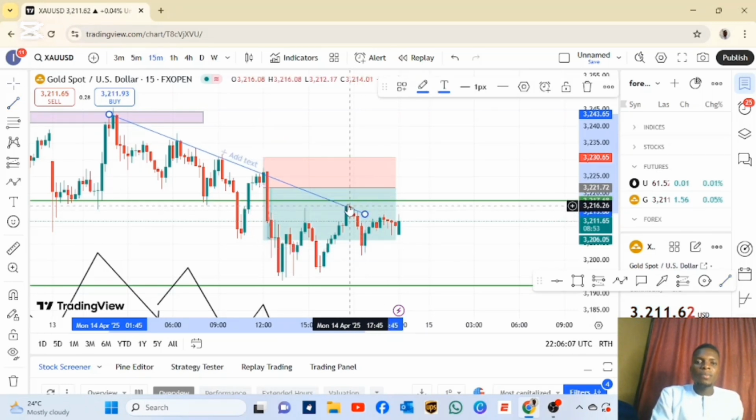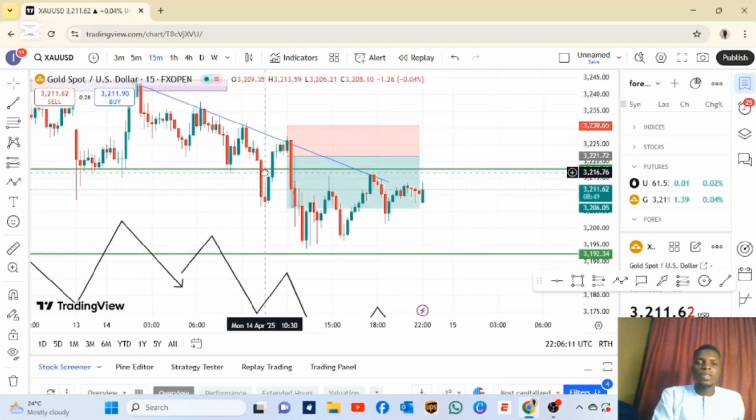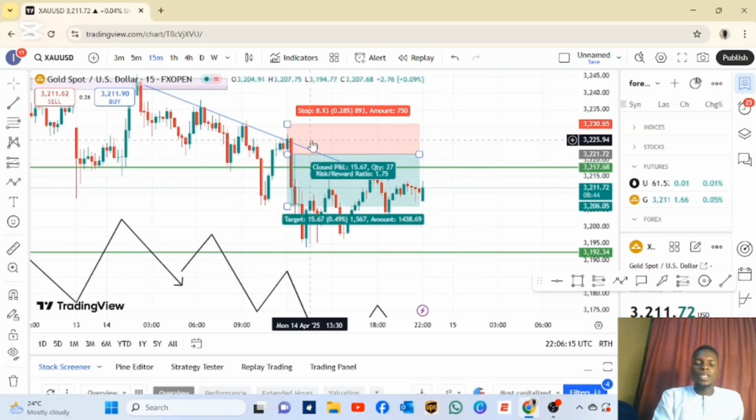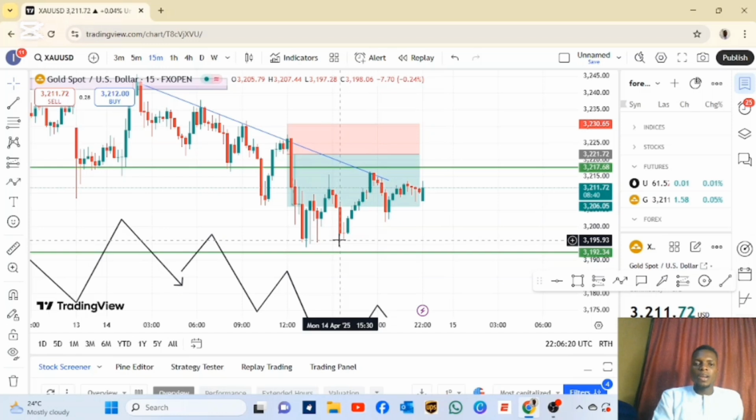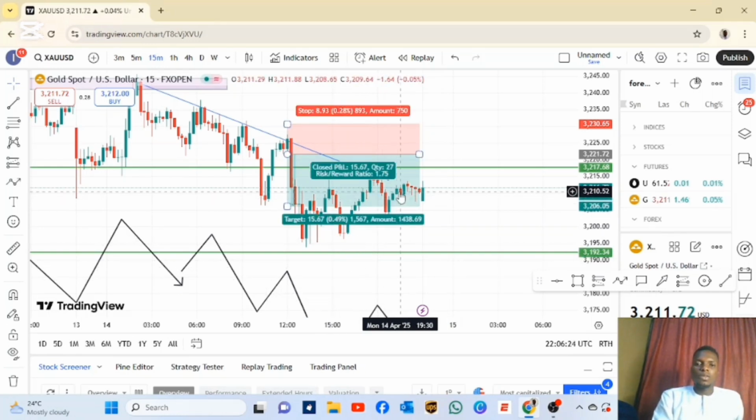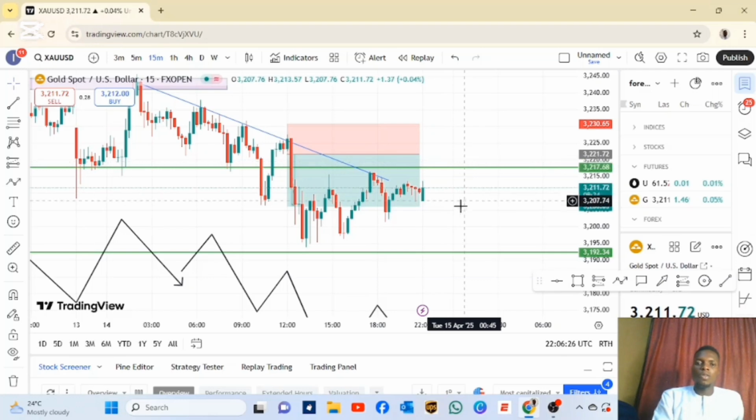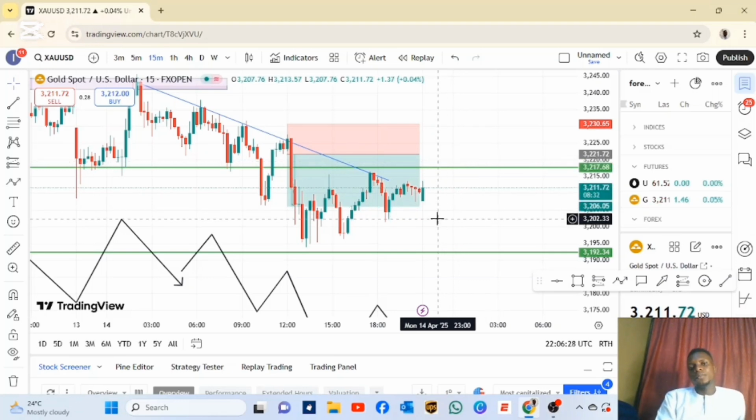So immediately the market broke this level, I know that okay, this market is actually gonna sell. And then I took my trade, took my sell. Then we caught about 160 pips right there. So we made a whole lot of money on that trade.